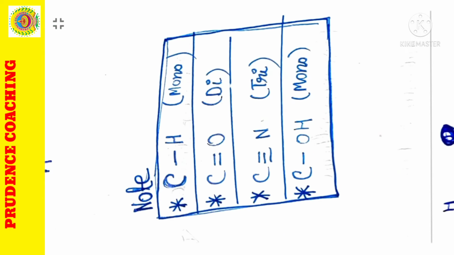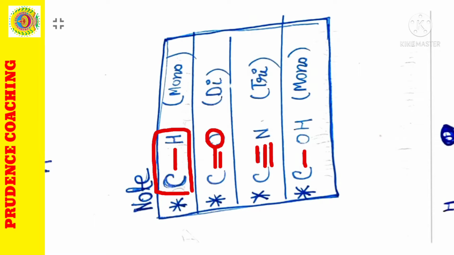Students, as you can see here, we have a note. You need to remember this. With carbon, you need to remember hydrogen always forms a single covalent bond. As the valency of oxygen is 2, it will always form double covalent bond with carbon. In case of nitrogen, the valency of nitrogen is 3, so triple covalent bond with carbon.